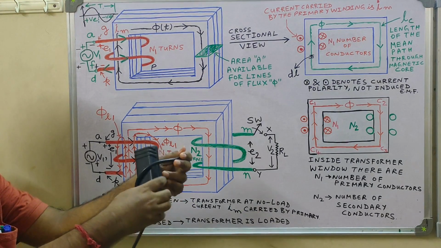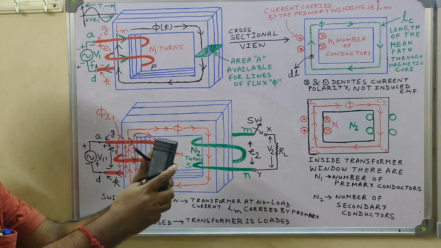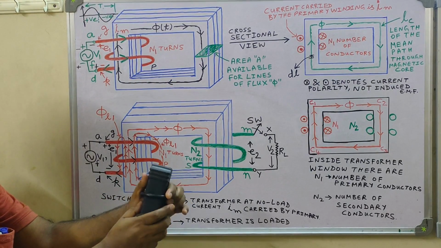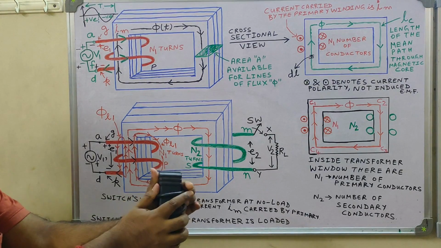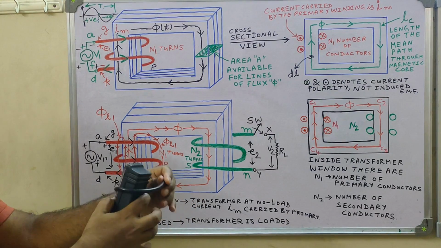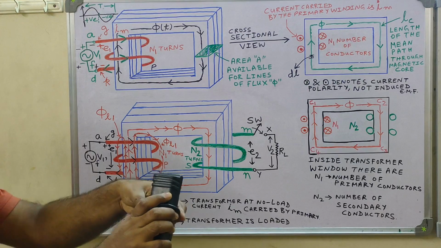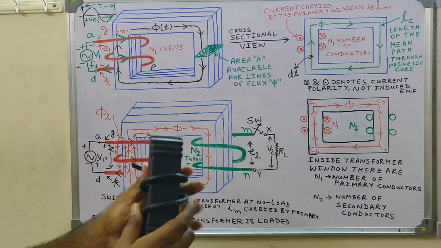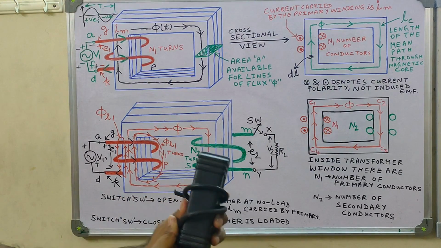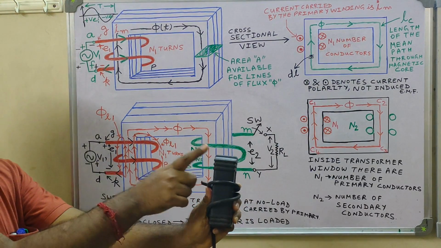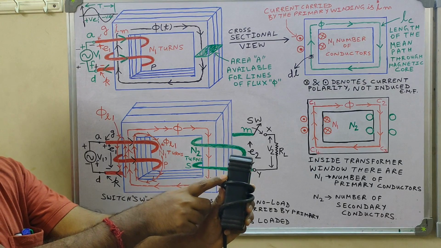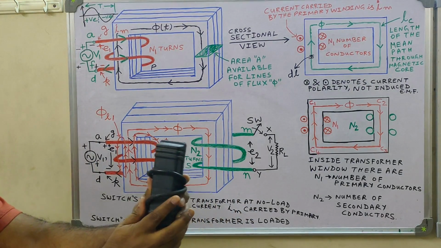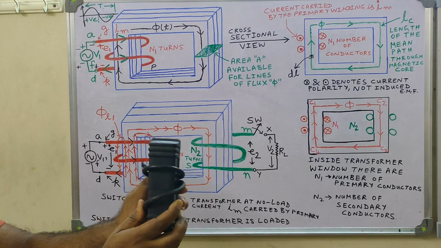Let me wind it so that it is visible. I have tried to place two turns. You can compare this with this limb of the transformer.